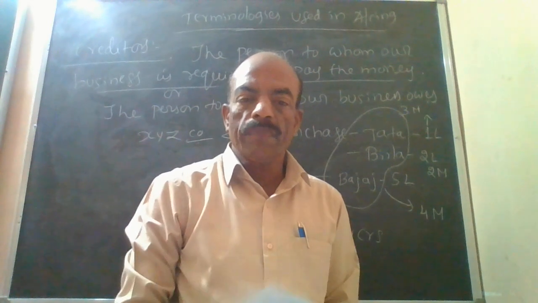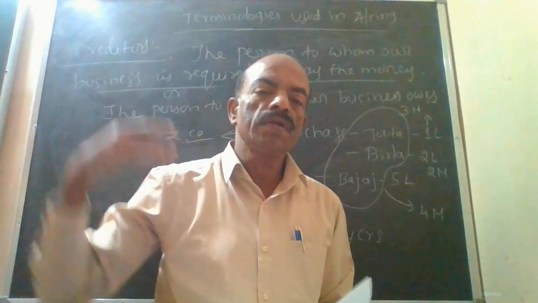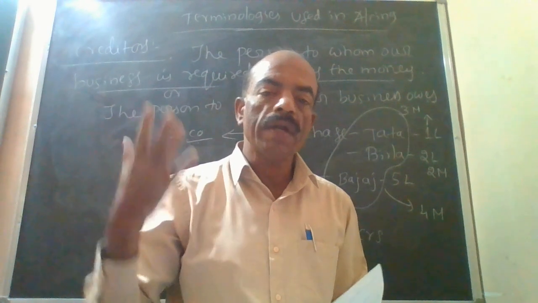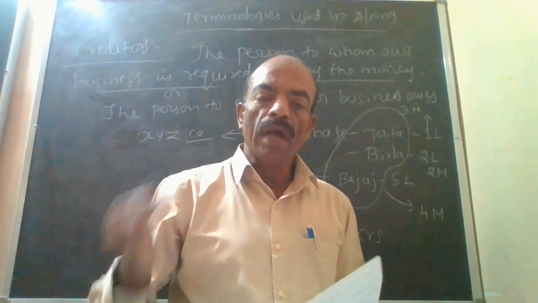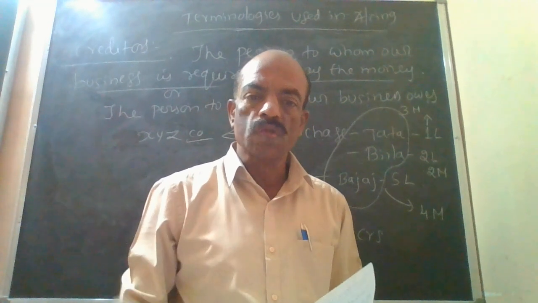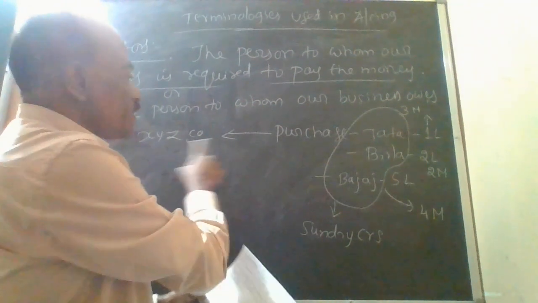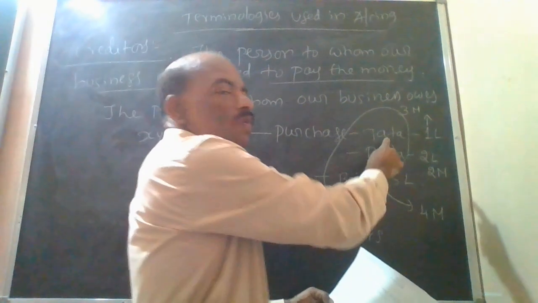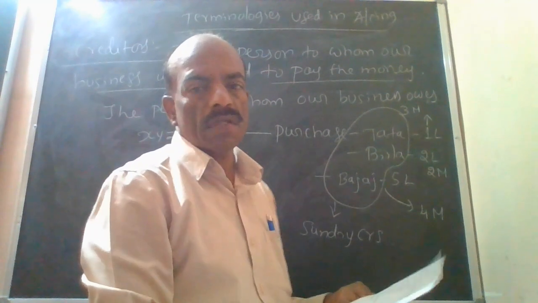Next, what is the meaning of solvent? Now understood, no? Creditor means the person to whom our business is required to pay the money. The question of creditors arises when our company purchases goods on credit basis. We purchase goods from Tata, Birla, Bajaj on credit basis, not on cash basis.